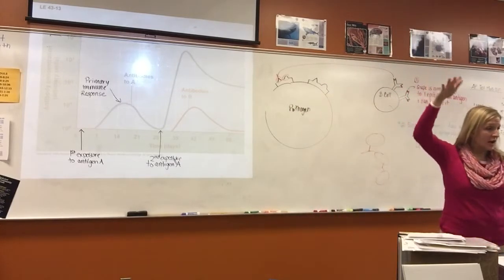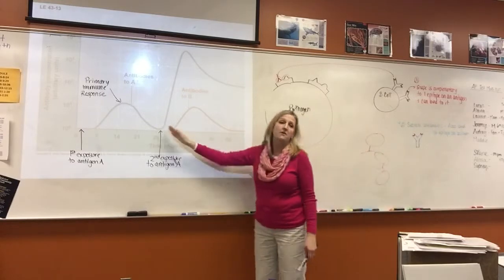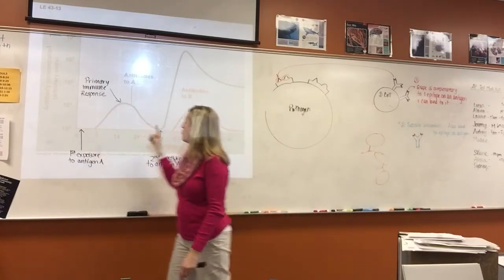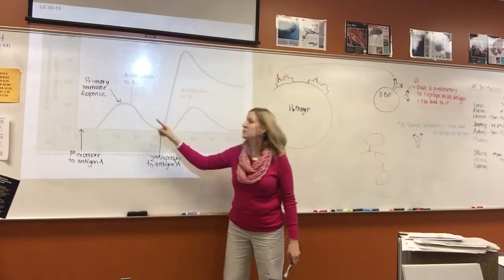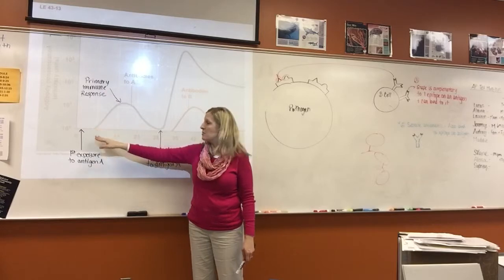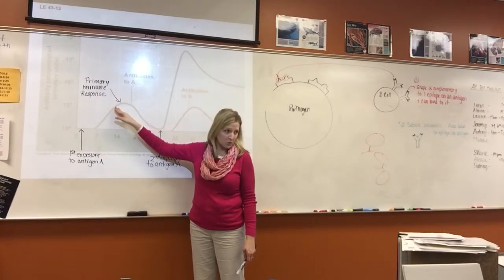You get way more antibodies, and it's also what in terms of time? Faster. You don't have that lag that you did here. Why don't we have that lag? Because as part of the primary immune response, you not only made plasma cells to make antibodies, but you also made memory cells.